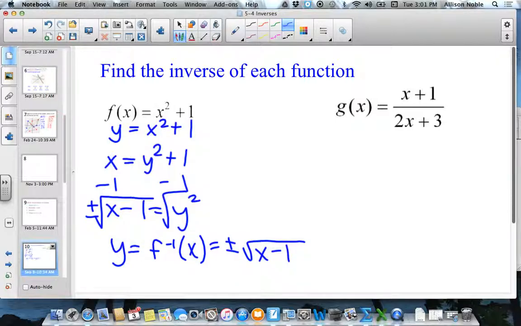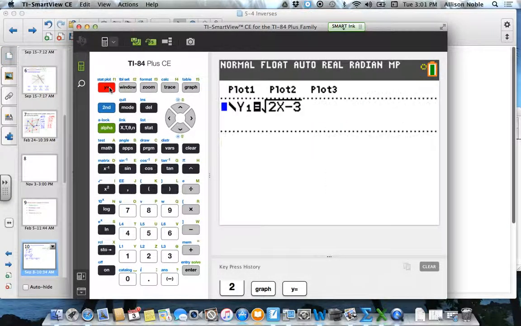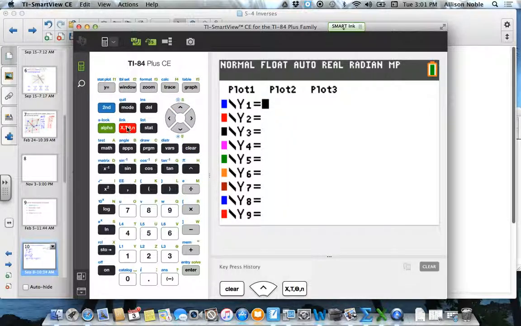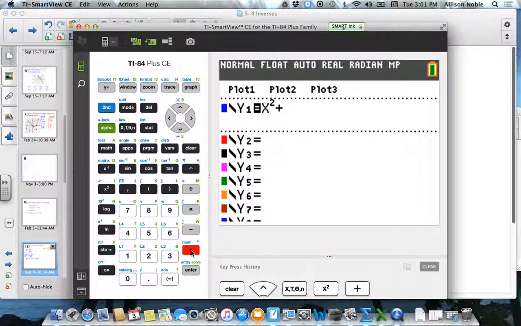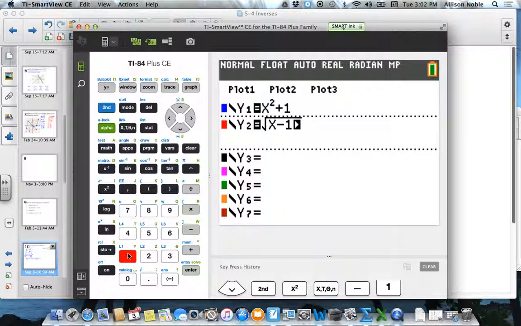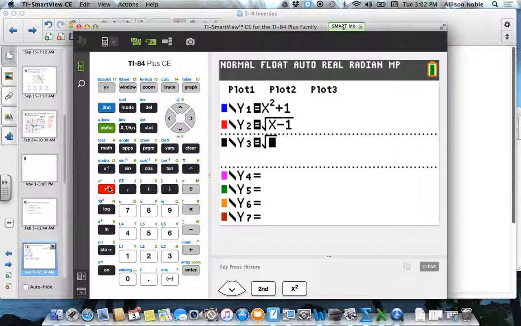Plus or minus the square root of x minus 1 represents two separate functions, but you have to have both of those functions in order to get the actual inverse. So if I were to graph both of those functions and my original, I go to y equals, clear both of those out, I had x squared plus 1, and my inverse was, one of them was the positive square root of x minus 1, and the other one is the negative square root of x minus 1.